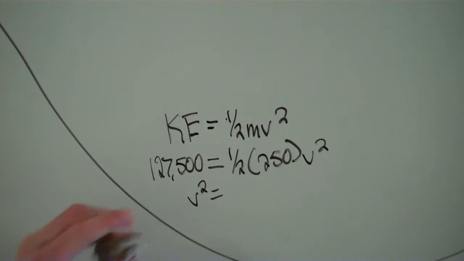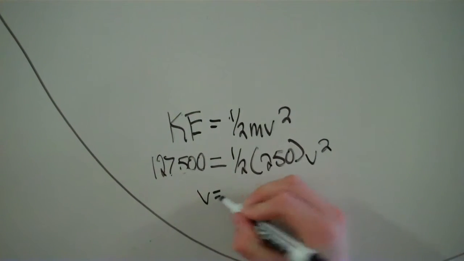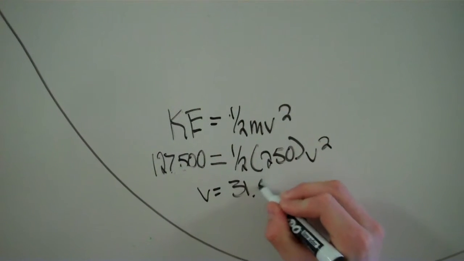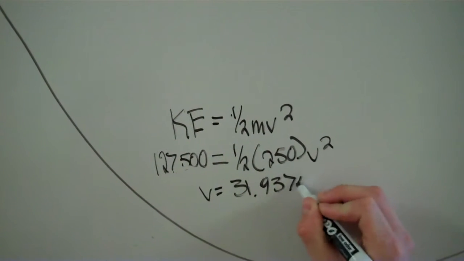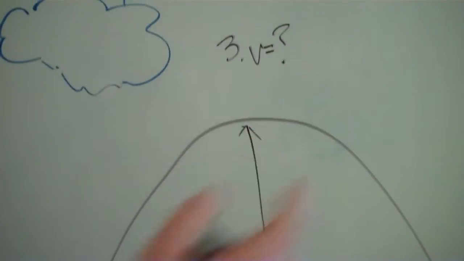And so in the end, your velocity is going to come out to be 31.9374 meters per second.